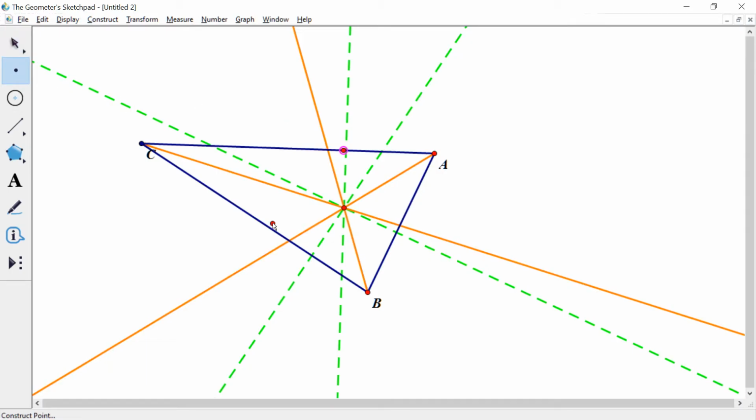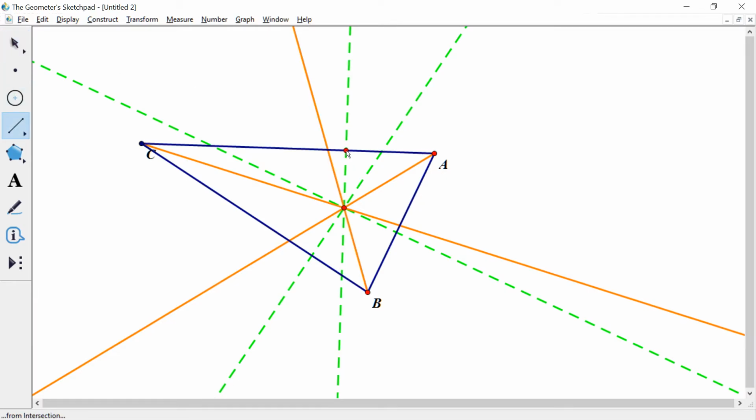So let me plot some points, and let's figure out those distances. So let's make some segments. They're claiming that these, oh, that is not at all what it, is that point even real? Oh, it's a fake point. Let me undo. There we go. All right.